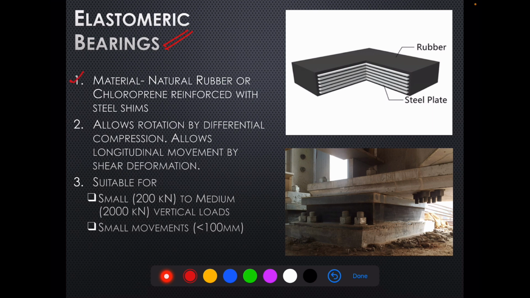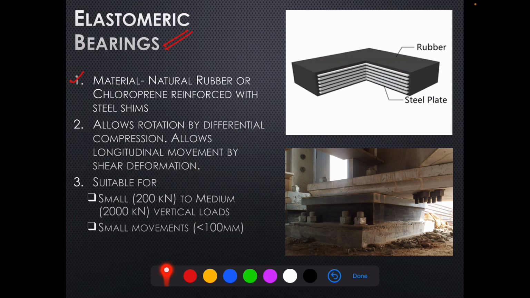Let's talk about materials. Natural rubber or chloroprene reinforced with steel shims. These steel laminas or steel plates which are inserted inside the rubber pad are called steel shims. It allows rotation by differential compression. It allows longitudinal movement by shear deformation.